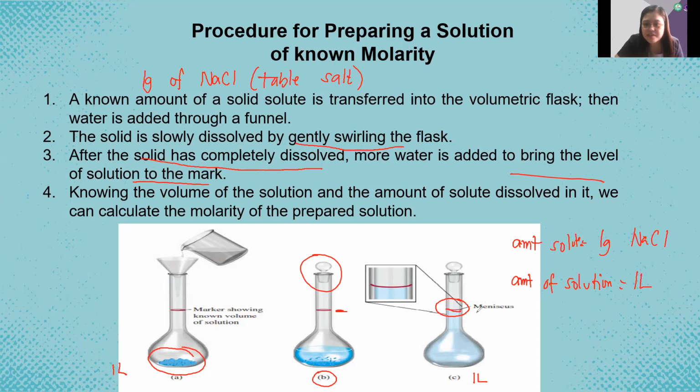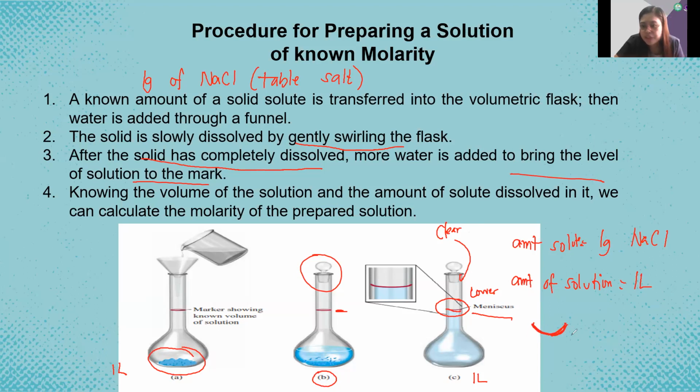Take note of this, meniscus. I think I have already discussed this with you. If you are measuring the volume of a clear solution, you have to read that sa lower meniscus. Because if you are going to place a solution sa volumetric flask, pagkaabot niya dyan sa line, ganito yung kanyang tsura.